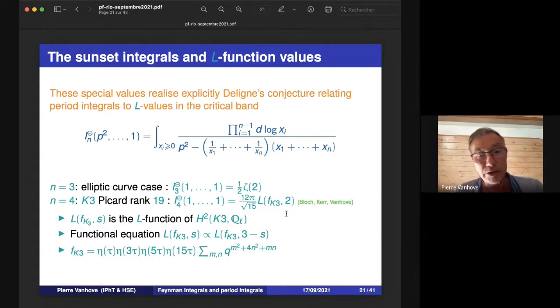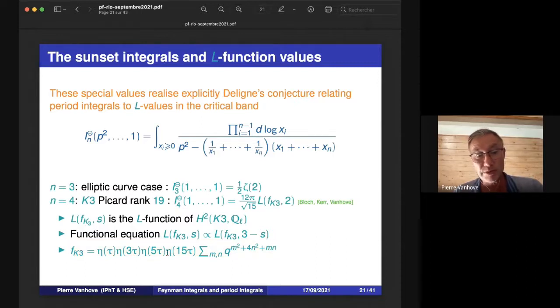And actually the value at 1 is exactly, so there's the conductor. I mean, anyway, there's the value of the L function of the K3 in the critical band. It's in the critical band, and the K3 is associated with these modular forms of weight 4.